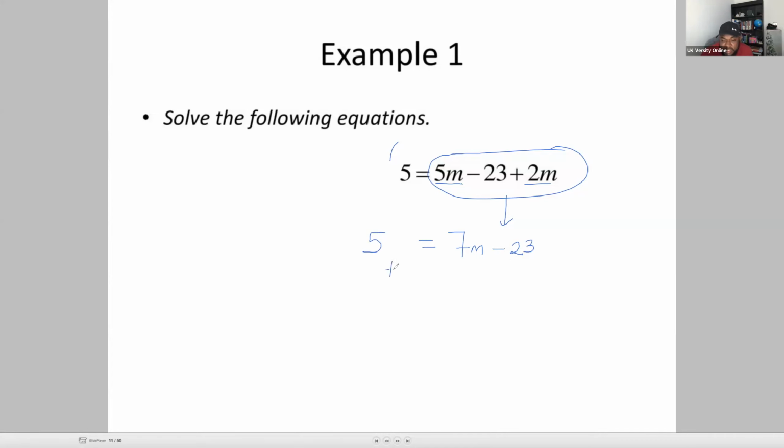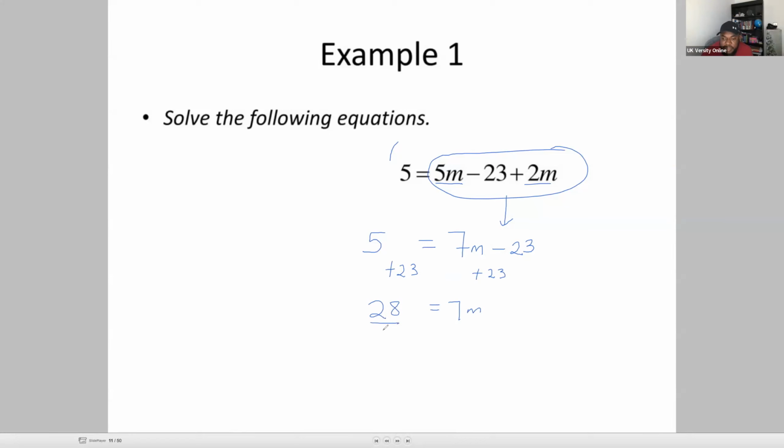So you add 23 to both sides. That gives you 28 equals 7m.